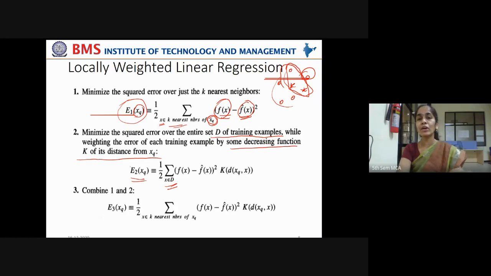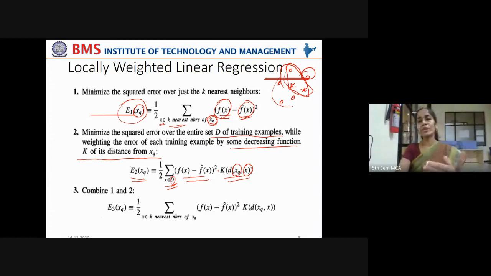We are taking all the training examples in the data set D, and finding the prediction error square multiplied by a function k, which is a representation of the distance between the new instance and the existing instance. So we are minimizing the error over the entire set D while weighting the error of each training example by some decreasing function k of its distance from x cube.